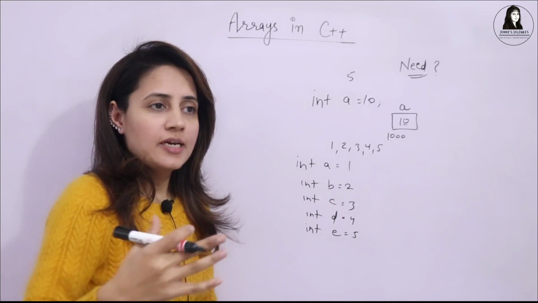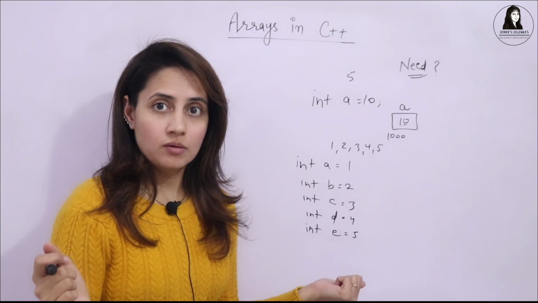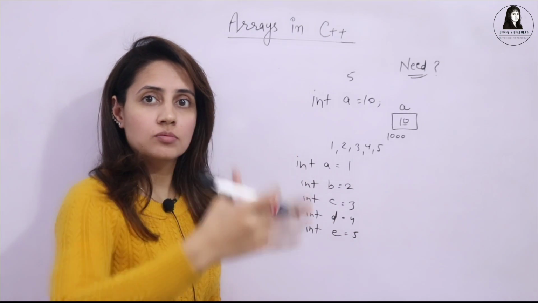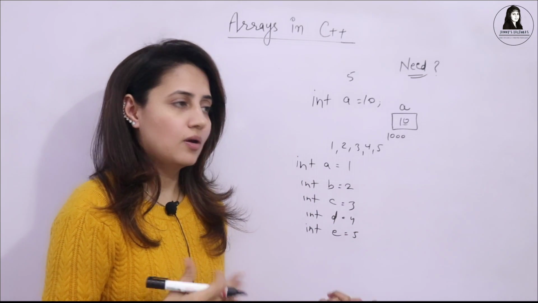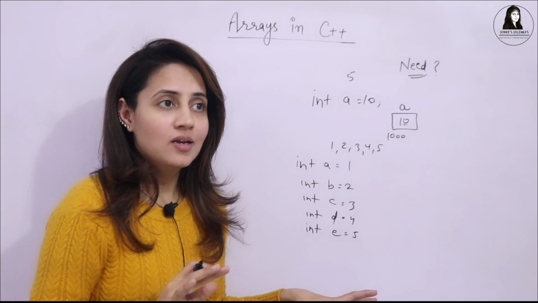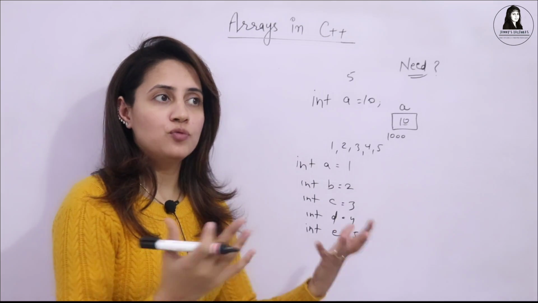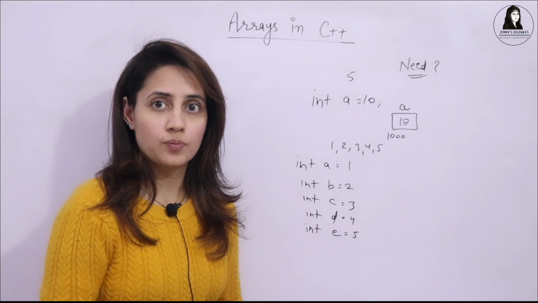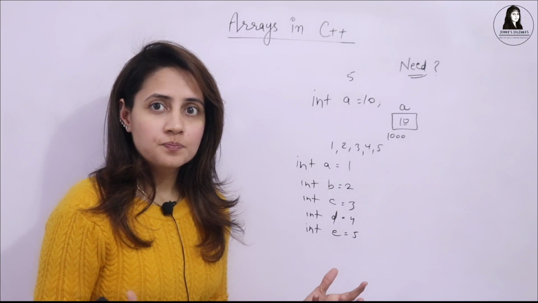What if in my class I have 60 students and I want to store the roll numbers of 60 students? Is it possible to have 60 variables and store the roll numbers? Okay, suppose I can declare 60 variables. But suppose I have 1000 customers and I want to store their names or customer IDs. Then obviously we cannot declare 1000 variables, right?